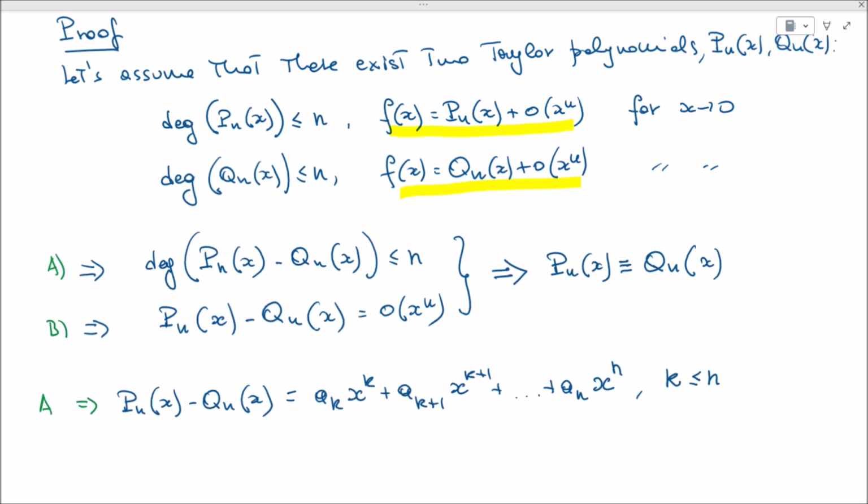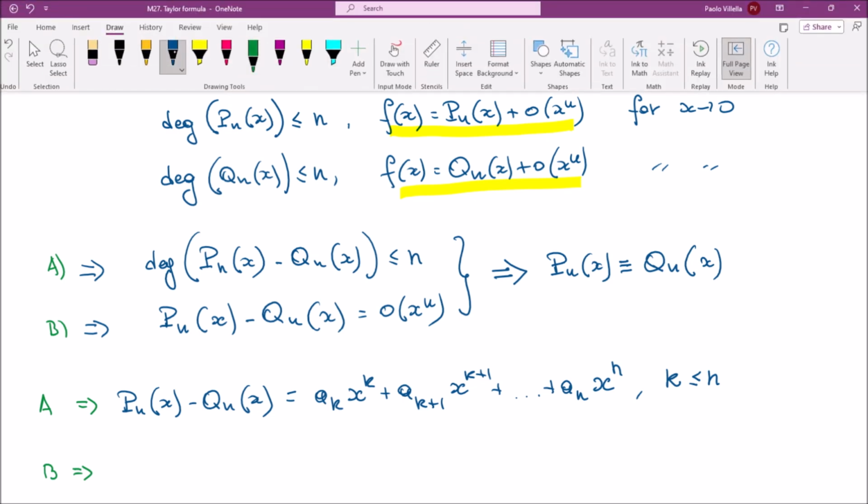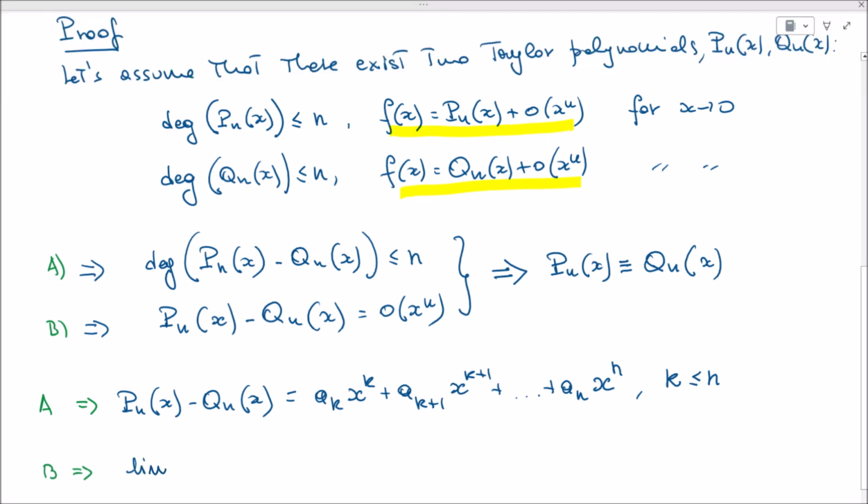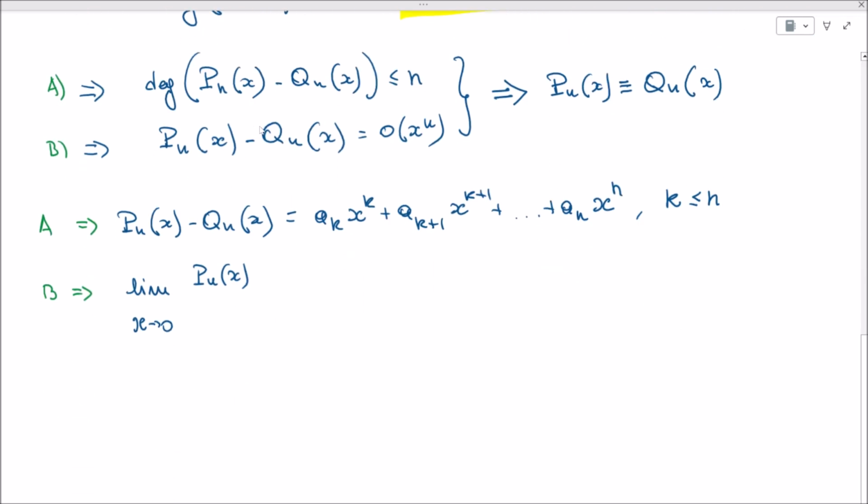But from property B, we should check that this difference between polynomials is little o of x to the n, which implies that the limit as x goes to 0 of Pn of x minus Qn of x divided by x to the n should be equal to 0, right?